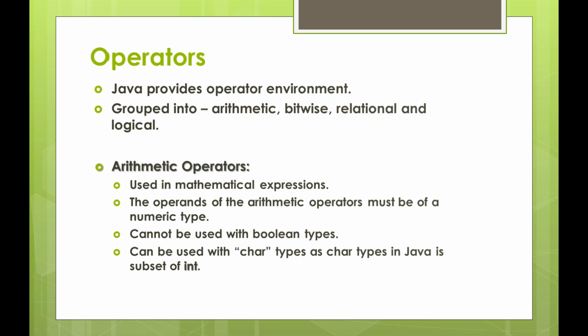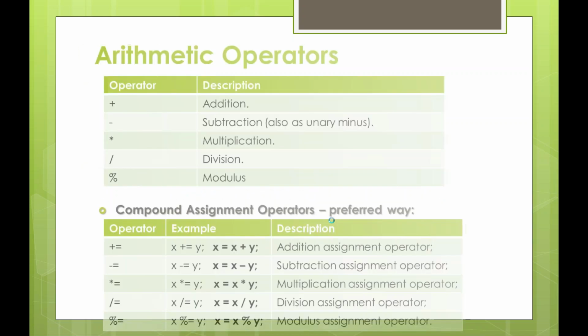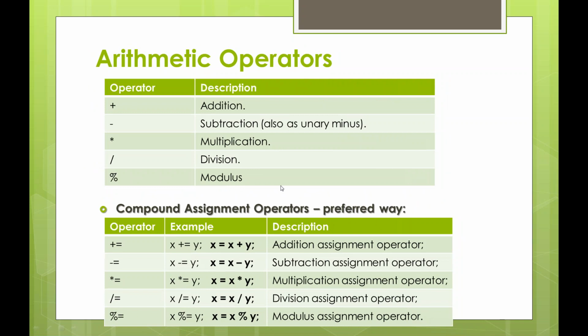So let us see what arithmetic operators are available in Java. Okay. So basic arithmetic operators, we have seen them. Addition, subtraction, multiplication, division, and modulus operator. The modulus operator is nothing but, when you operate on two operands, it gives the remainder of the division. Okay. And then there is something called compound assignment operators.